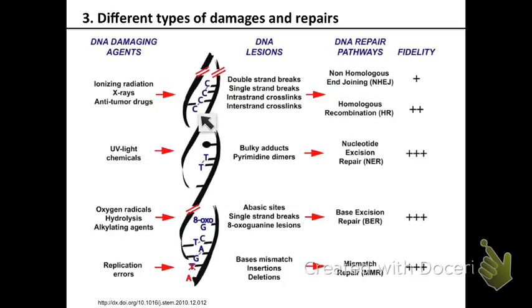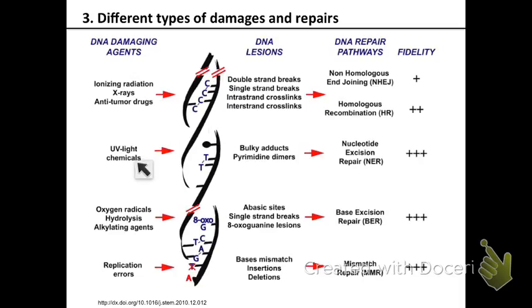The types of lesions that these damaging agents make are double-strand breaks, single-strand breaks, and intrastrand and interstrand crosslinks. The repair mechanisms that would repair these are non-homologous end joining, which would repair double-strand breaks, and homologous recombination, which could repair double-strand breaks, as well as single-strand breaks.